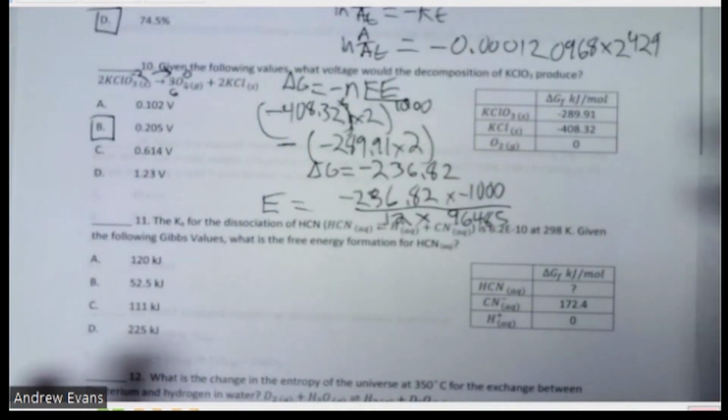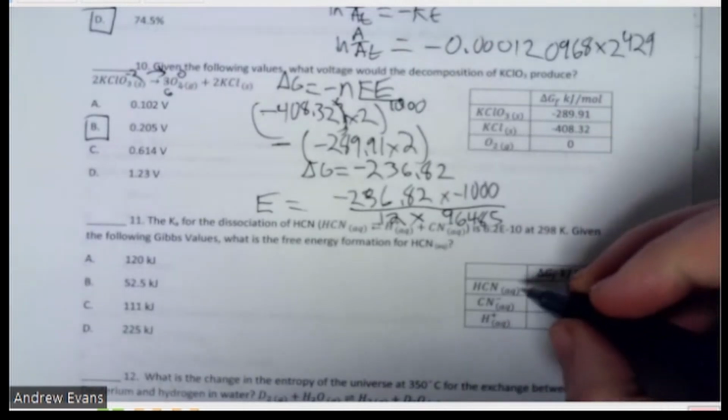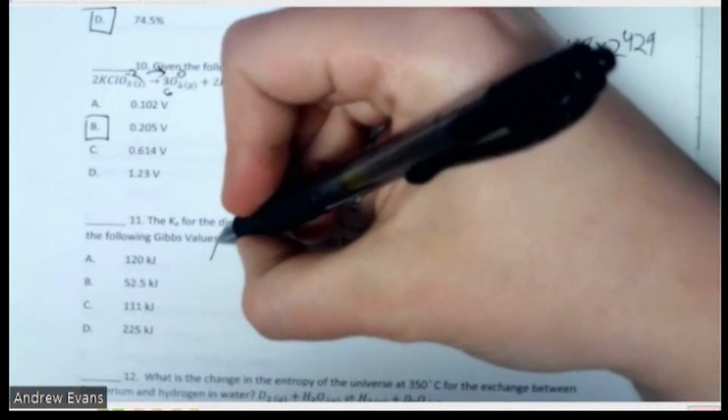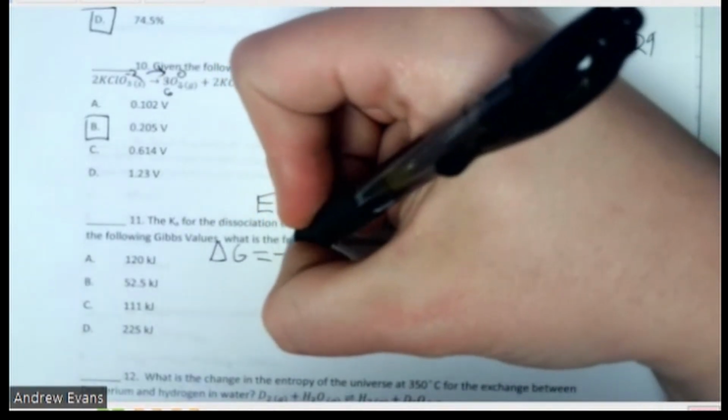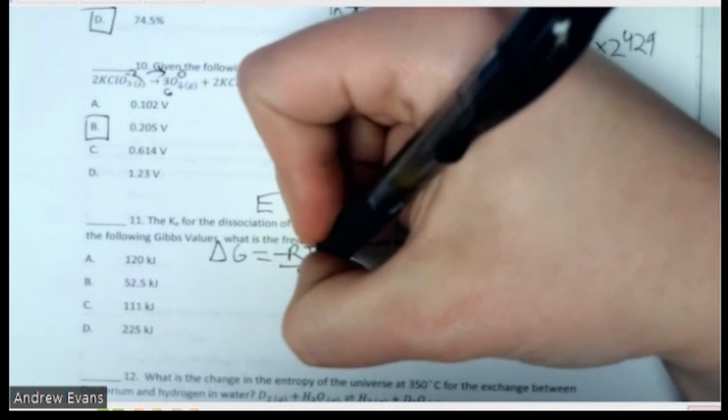What is the Ka for this? Well, given the Ka, what is the Gibbs for this value? This is a good one. K and delta G for a reaction: delta G is equal to negative RT ln K, divided by 1,000 for units.